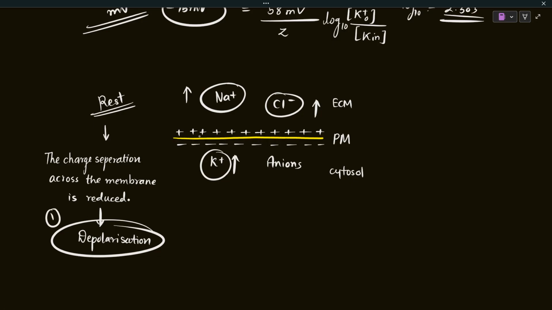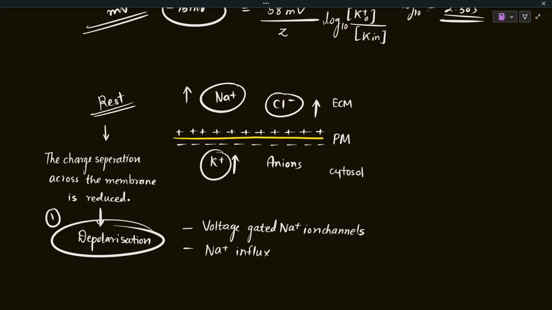When the stimulus arises, it opens the voltage gated sodium ion channels. After opening of the voltage gated sodium ion channels, the sodium influx starts.